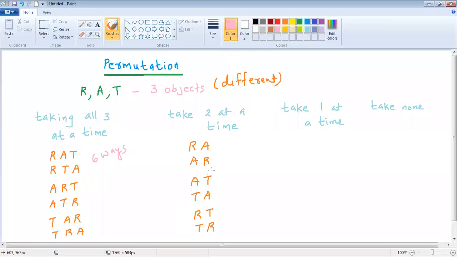Total 3 objects are there. If you take two at a time, the number of arrangements is again 6 ways.